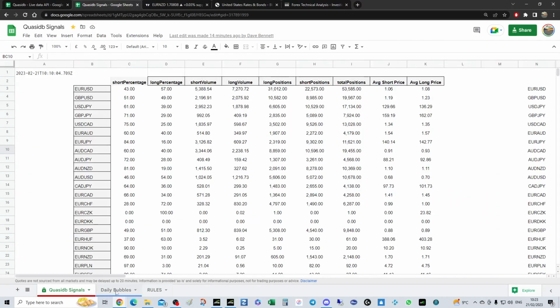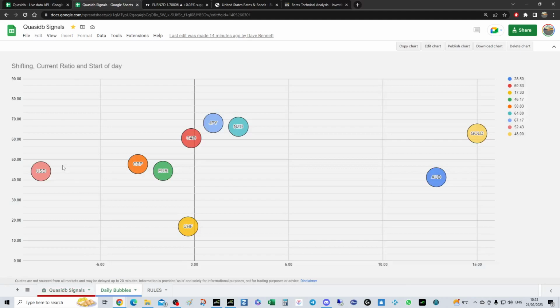And lastly, in this sheet is your daily bubbles, which tells us the positioning across time and how they're positioned. So the retail guys are currently short the USD, and they've added short. And they're long gold, and they've added long. So therefore, gold should be selling off, Aussie should be selling off, and pound euro can probably do okay because they're short both, and they're adding short.